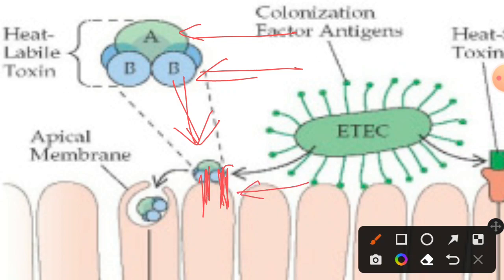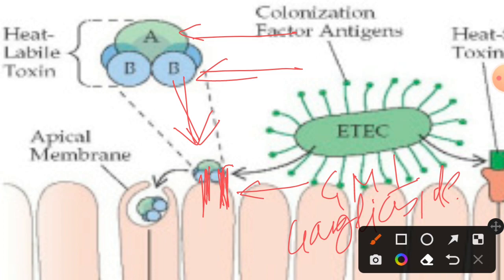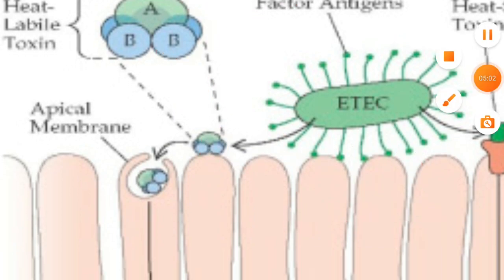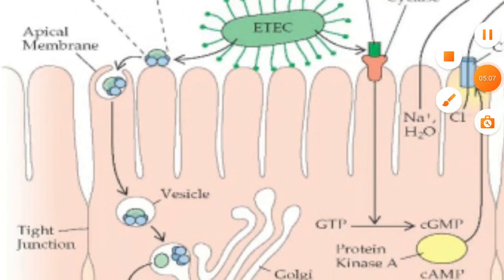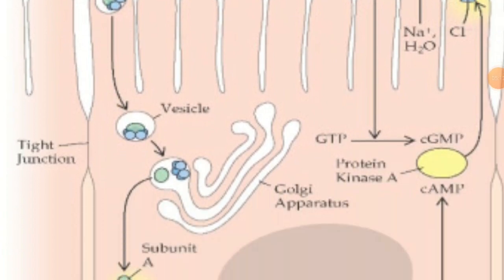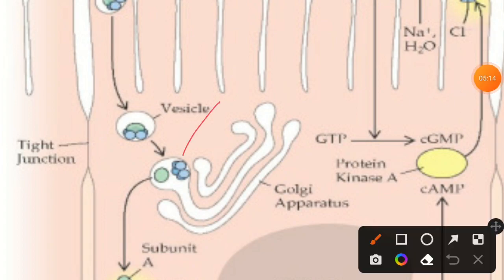So this receptor is GM1 ganglioside. Although it is not mentioned here, this GM1 ganglioside receptor is where the B subunit will bind. Then it will be internalized, and after that there will be a time when the A subunit gets separated from the B subunit.